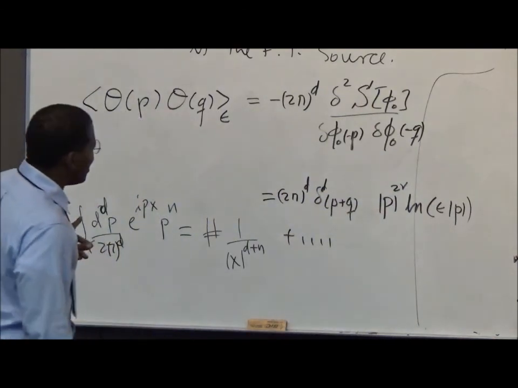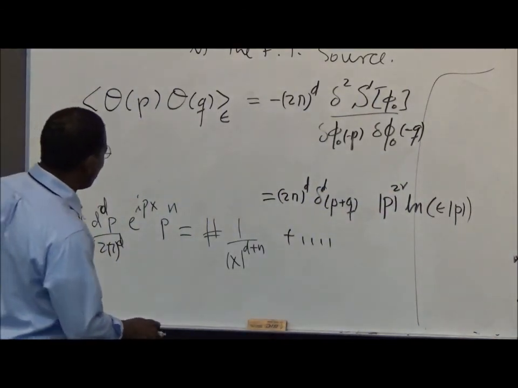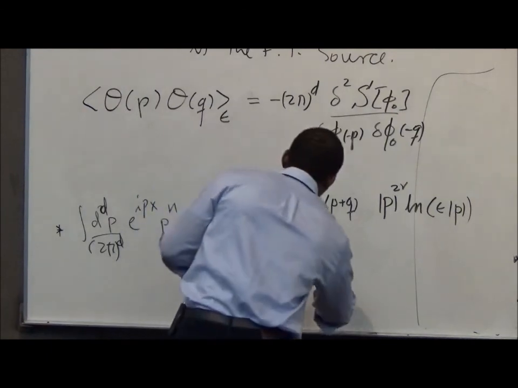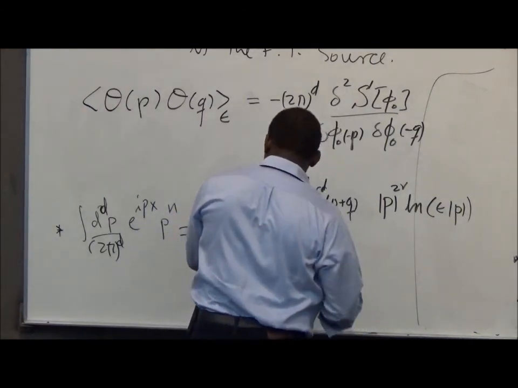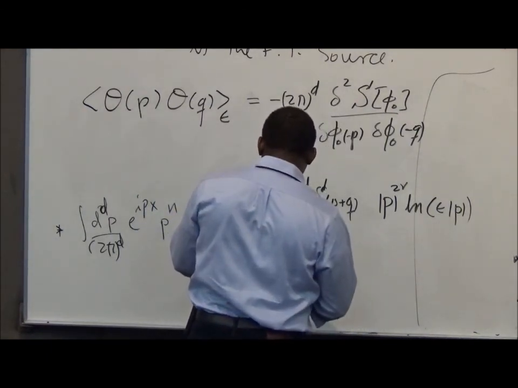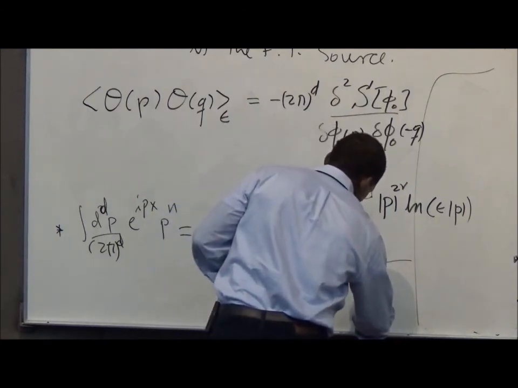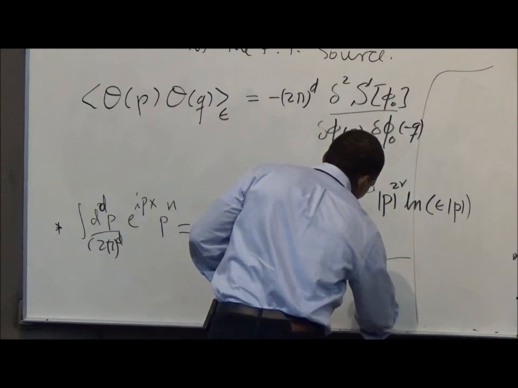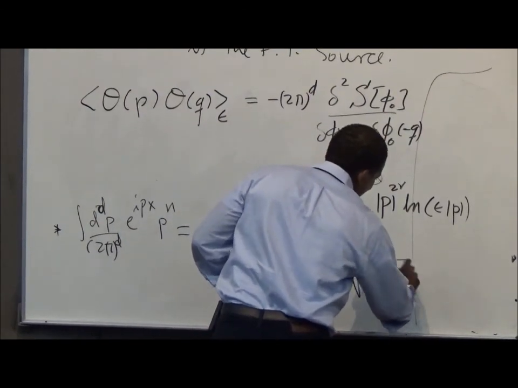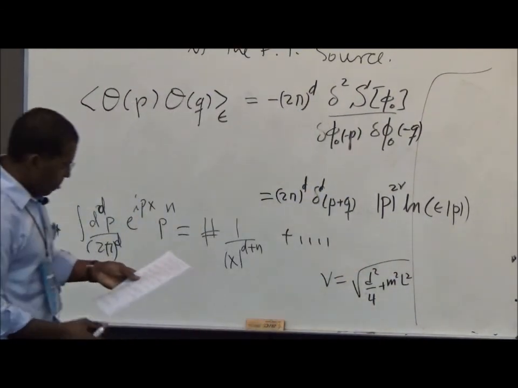Nu, of course, I didn't tell you what nu is, but you can figure it out. Nu is, let me just be completely sure, but nu has to be this part, d squared over 4 plus m squared, so that everything works out.